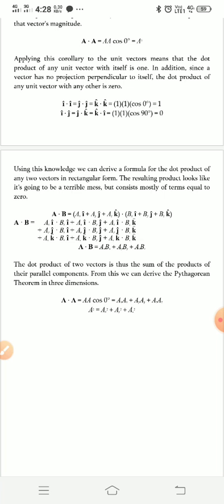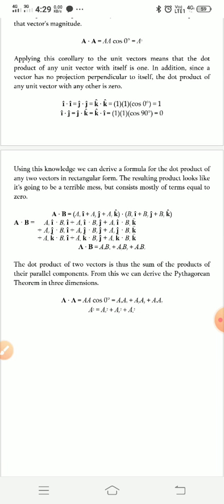So cos theta is equal to A dot B upon AB, where A is magnitude of vector A, that is under root ax square plus ay square plus az square, and B is magnitude of vector B, that is under root bx square plus by square plus bz square.